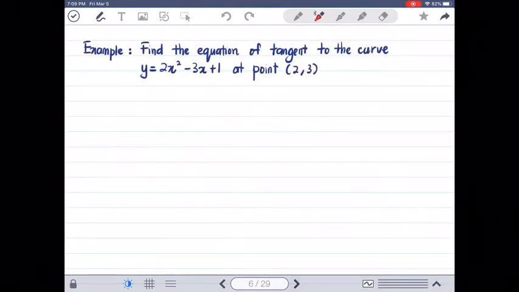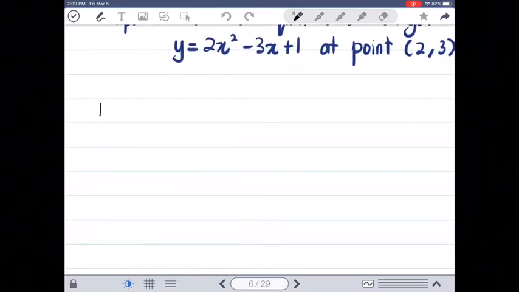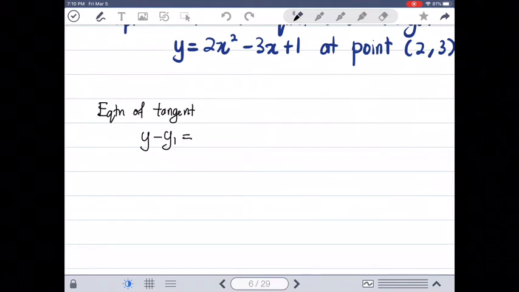Let's have a look at an example. Find the equation of the tangent to the curve y equals 2x squared minus 3x plus 1 at the point 2, 3. We know that the equation of the tangent can be found by using the formula y minus y1 equals mt times x minus x1.